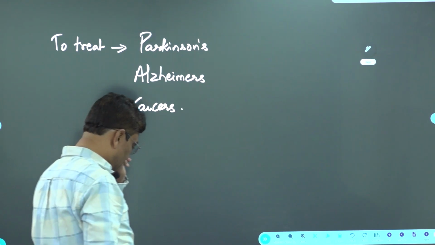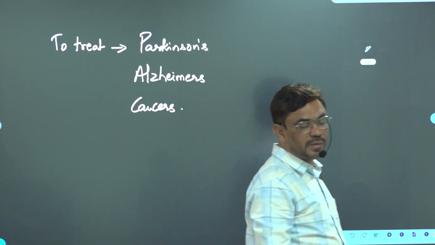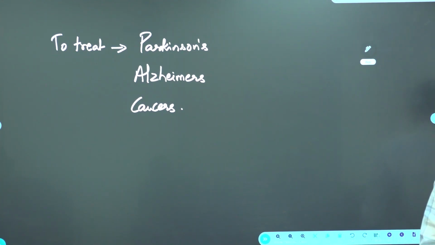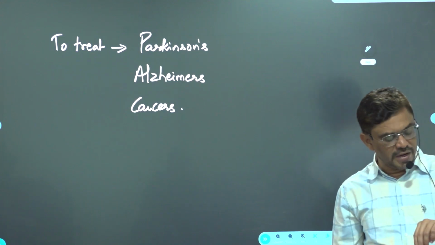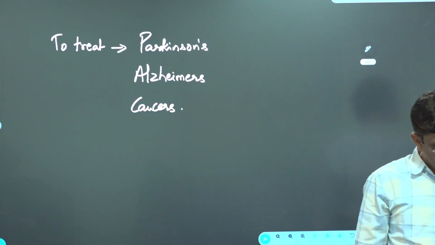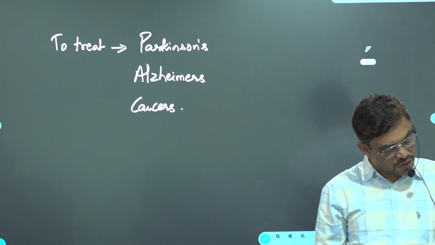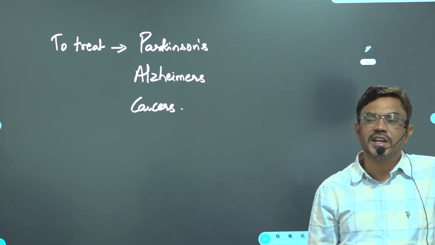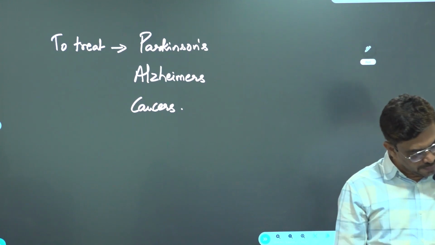Stem cells are used in the treatment of various types of neurological problems like Parkinson's disease, Alzheimer's disease, spinal cord injury, heart diseases, burns. All these can be treated by using stem cells.